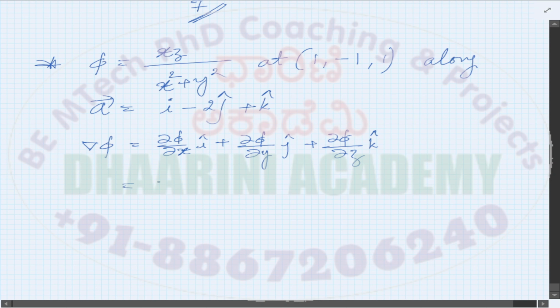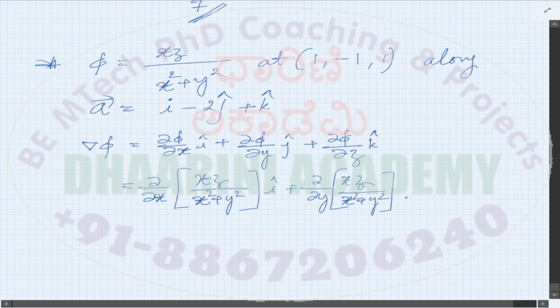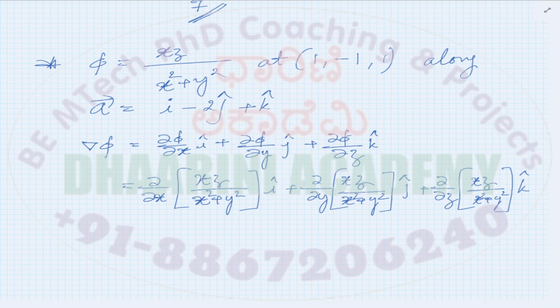This is equal to dou by dou x of xz by x square plus y square into i cap, plus dou by dou y of xz by x square plus y square into j cap, plus dou by dou z of xz by x square plus y square into k cap.